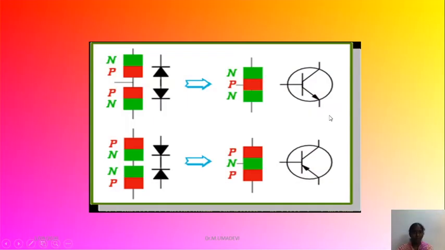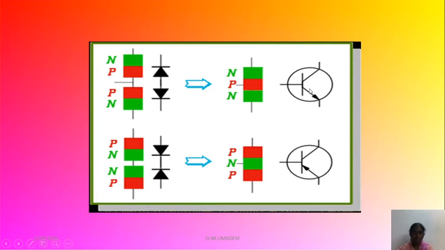So next one. What are these NPN and PNP transistors? The NPN transistor is a combination of 2 diodes, NP and PN. When we connect NP and PN diodes, we will get an NPN transistor. Similarly, when we connect PN and NP diodes, we will get a PNP transistor.